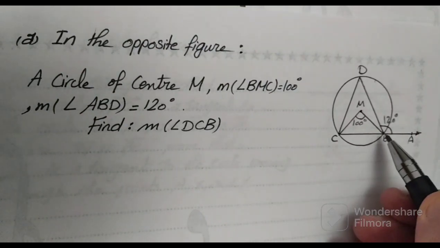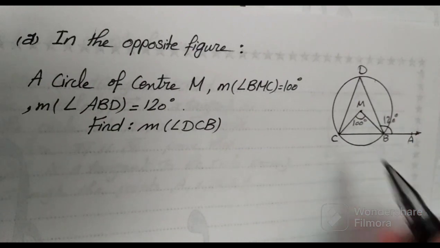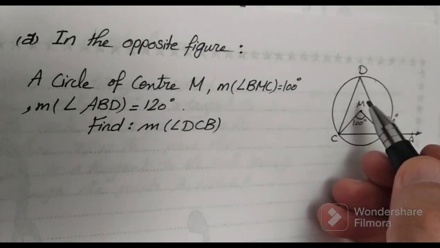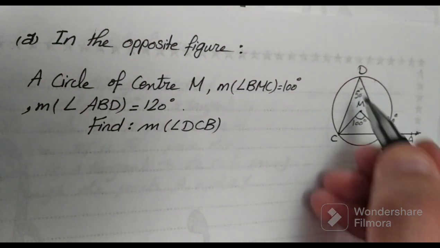Therefore the measure of angle BDC equals half the measure of angle BMC, so it equals 50 degrees.